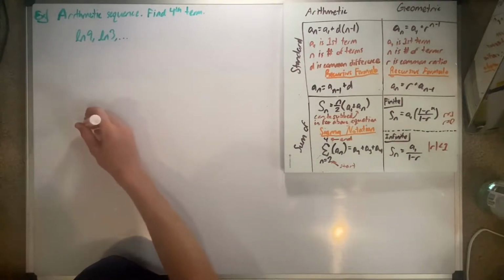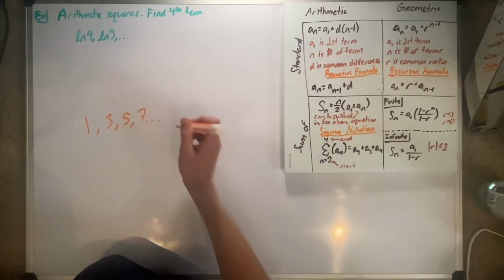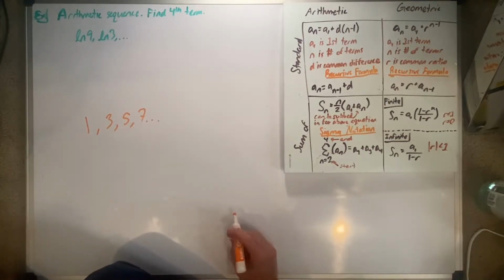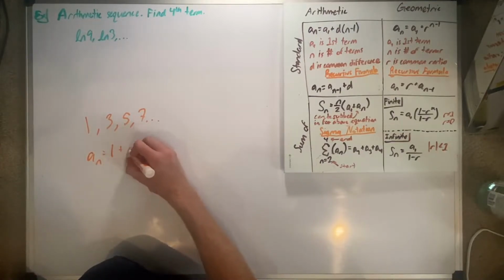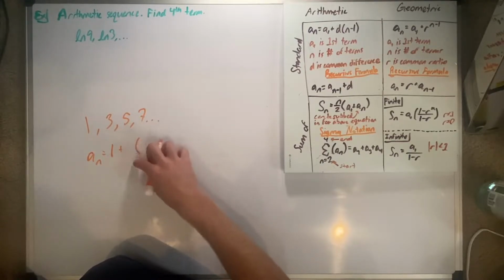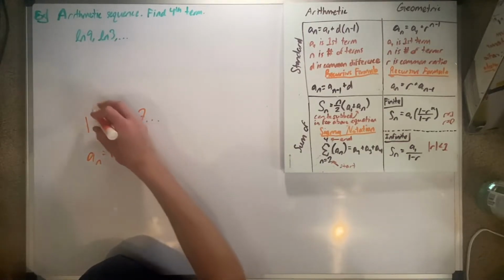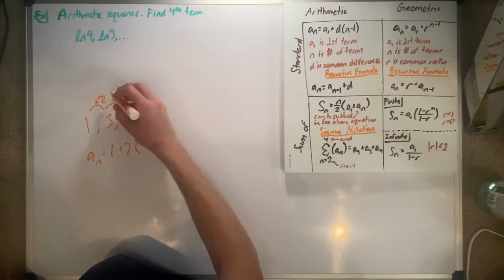So let's say our thing was like 1, 3, 5, 7, so on. The arithmetic sequence for this in a_n form would be 1 plus d, and then our d would be our common difference, which means it would be 2, because our common difference is how much we need to add to get there. It would be add 2, add 2, add 2.